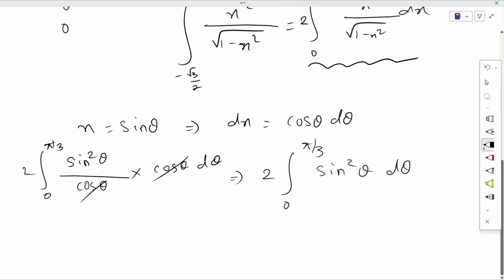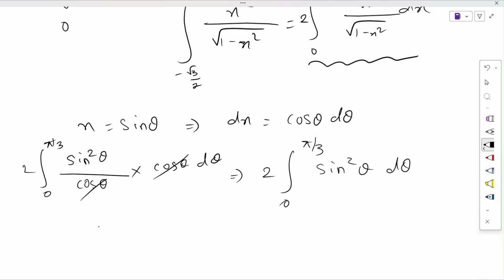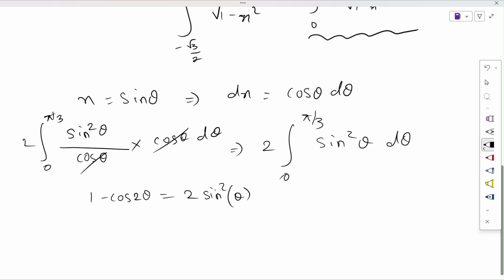Now as we know, we cannot integrate sine square theta directly, so I have to use a basic trigonometric formula, which says that 1 minus cos 2 theta is equal to 2 sine square theta. So I can replace sine square theta by 1 minus cos 2 theta upon 2, d theta.